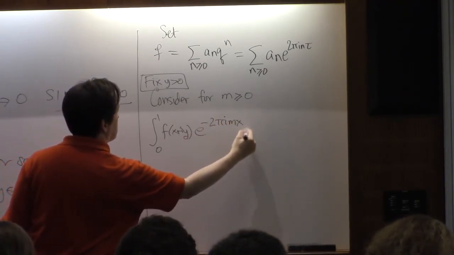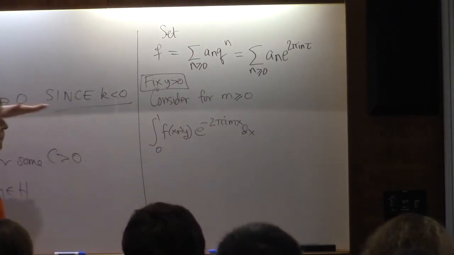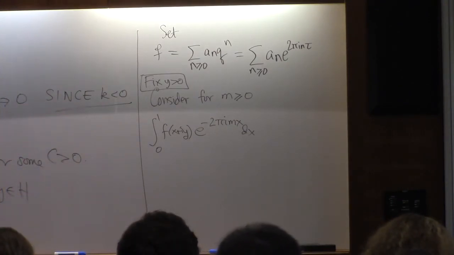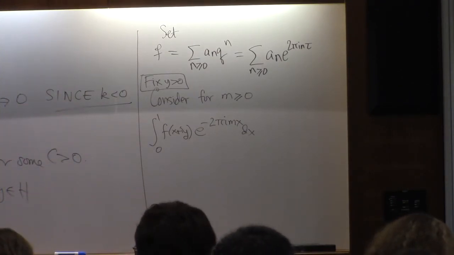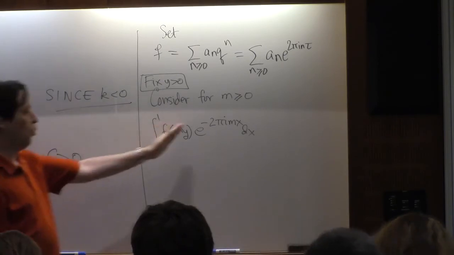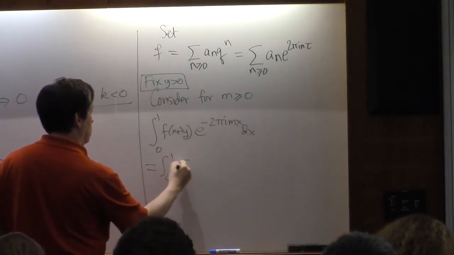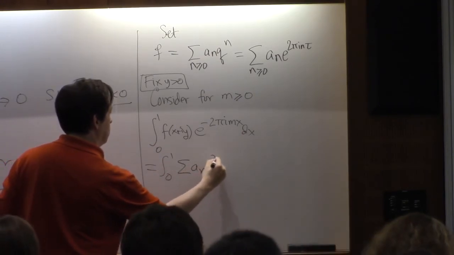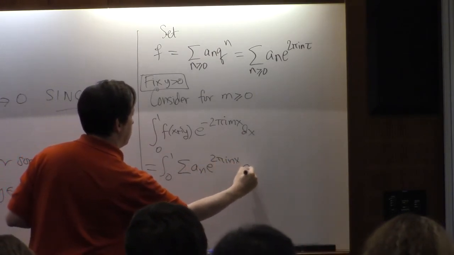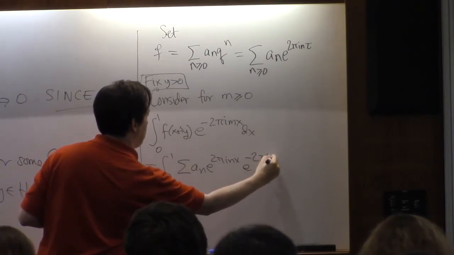i m x. So the y is fixed, so it's like I'm at a certain height, and I'm integrating across from x equals 0 to x equals 1. I'm just integrating across a horizontal line segment of width 1. And the point is that this is the integral of a sum, a_n e to the 2 pi i n x, times e to the minus 2 pi i m x.